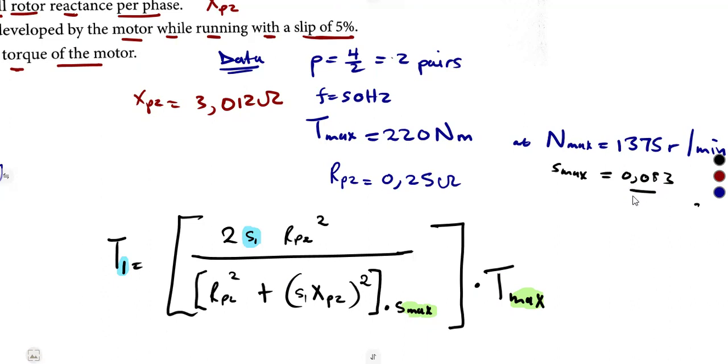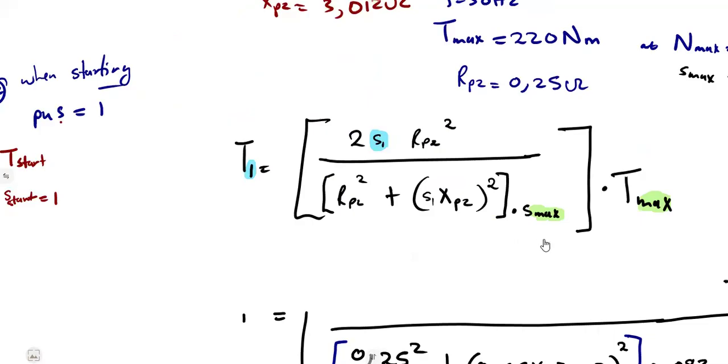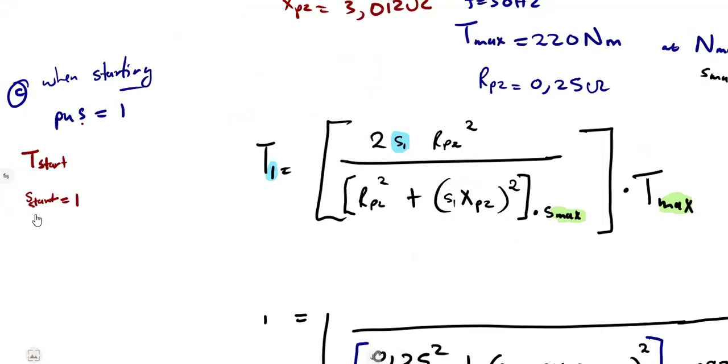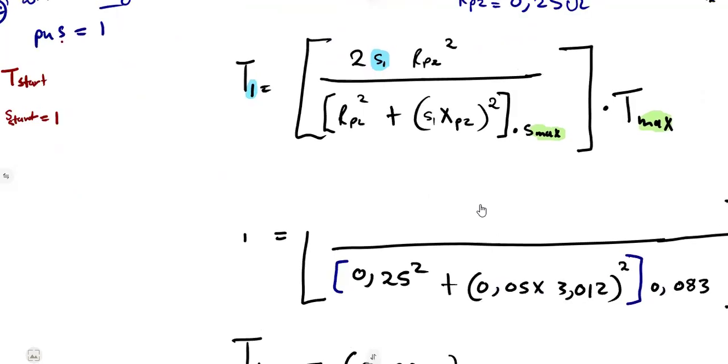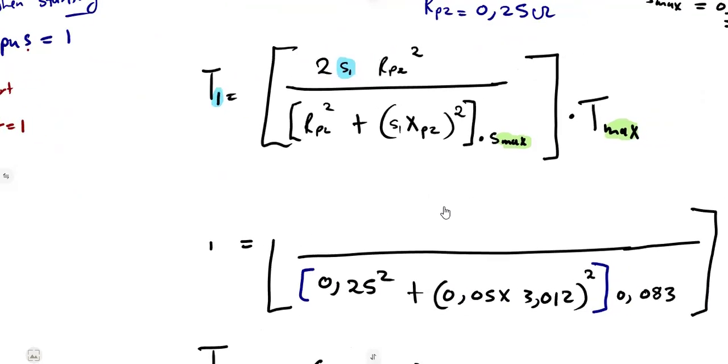So the maximum slip is still going to be the same, at maximum torque. The only part that was going to change in our question is the slip at start, which is 1. So your formula is not even affected.